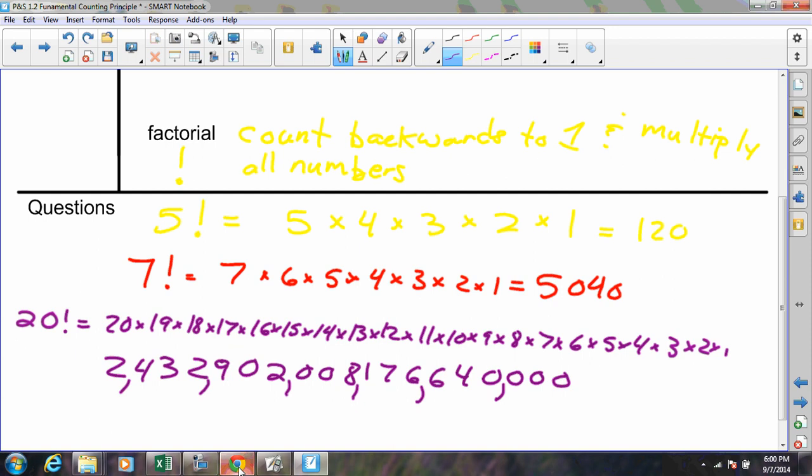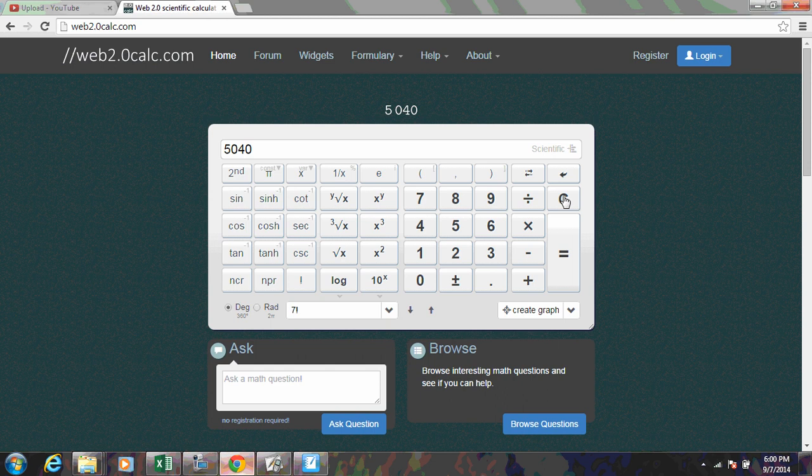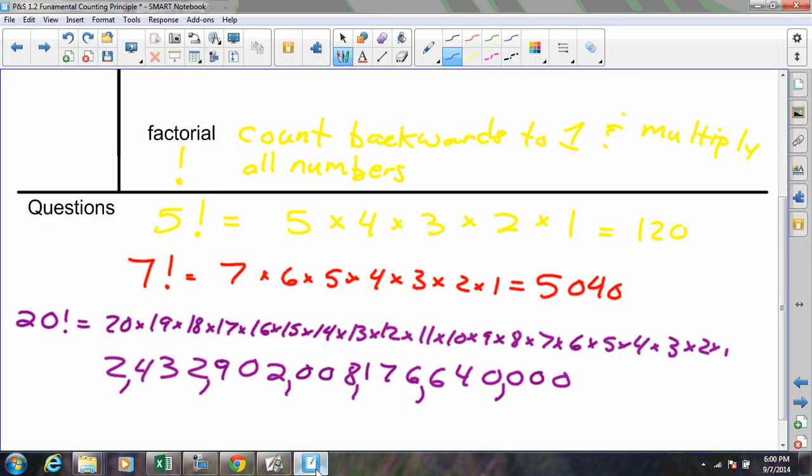Where that gets to be really nice is with numbers like 20 factorial, because that eliminates the possibility that you might mess up with times 19, times 18, times 12 and accidentally skip numbers or accidentally miss a multiply sign. You hit equals, and there we go. 2432902008176640000. Look familiar? There we go. Nice little time saver.